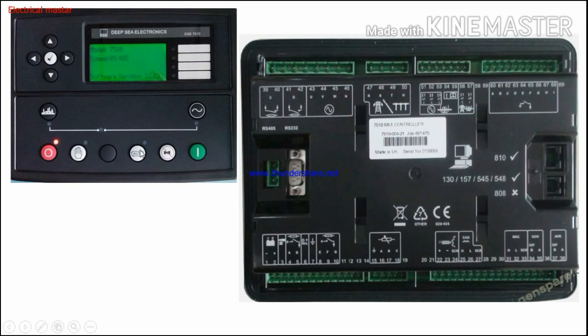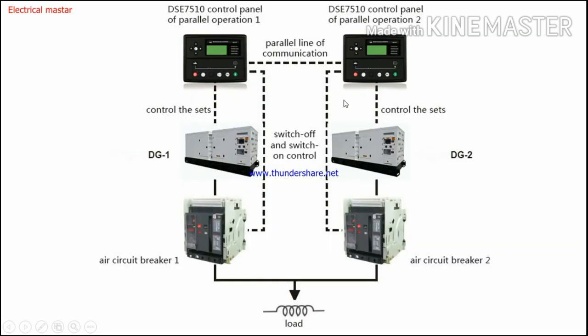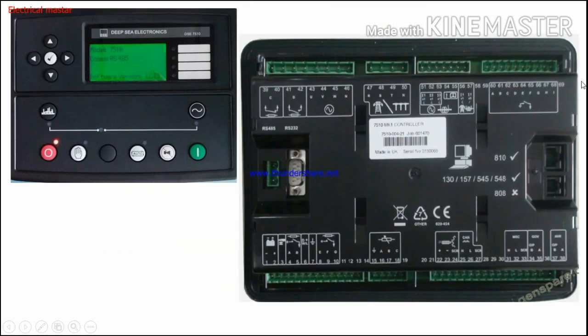For auto operation, just press auto, and the generator will start up as per the sequence we configured in the software configuration. While configuring, you have to specify the first generator and second generator, and if you want to add more, you have to give the priority order, priority 1, 2, 3 like this. Then this DeepSeek controller will sense which is the main generator and that the others are connected DGs.